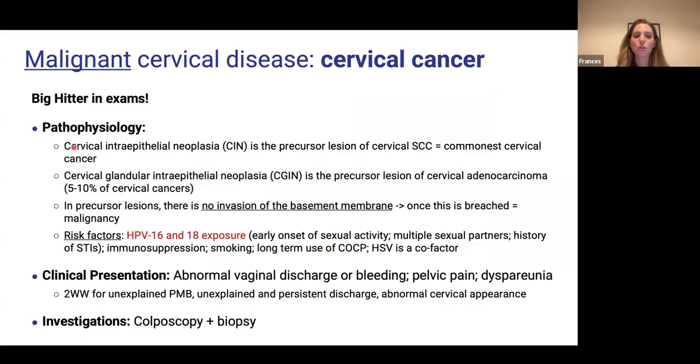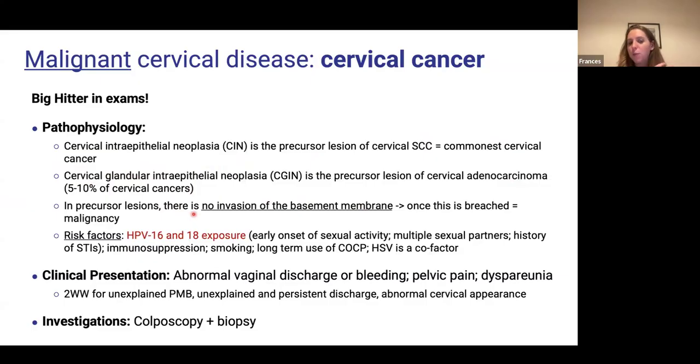And these cell changes are called cervical intraepithelial neoplasia, or CIN. And that's a precursor. It's not cancer, but it can become cancer. And if it becomes cancer, it tends to become cervical squamous cell carcinoma, which is your commonest type of cervical cancer. You can also get adenocarcinoma in the cervix, where your precursor lesion will be cervical glandular intraepithelial neoplasia, CGIN.